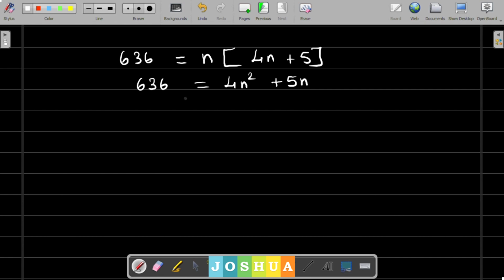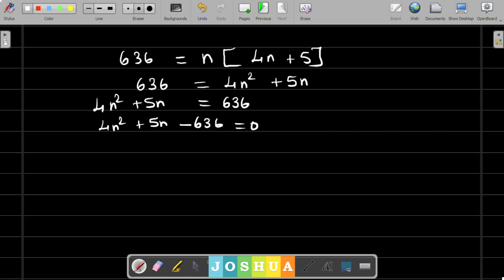Remember the order here is 2, so I can convert this into a quadratic equation. So 4n square plus 5n equal to 636, the same way as moving terms across: 4n square plus 5n minus 636 is equal to 0.